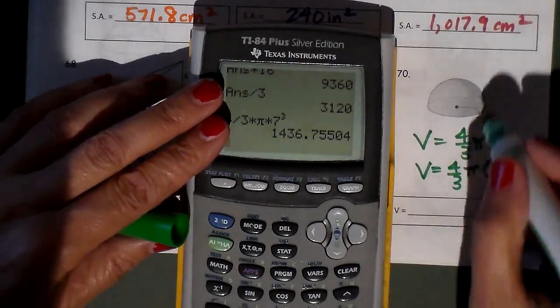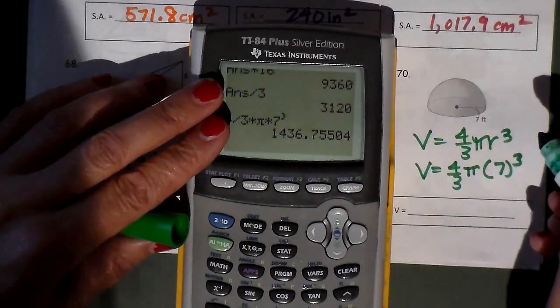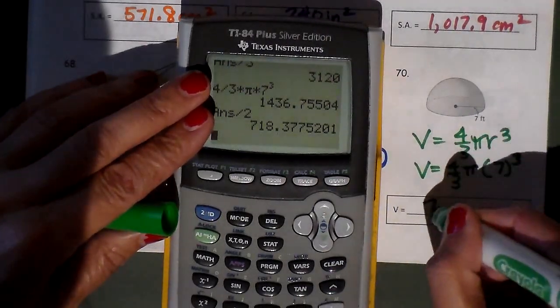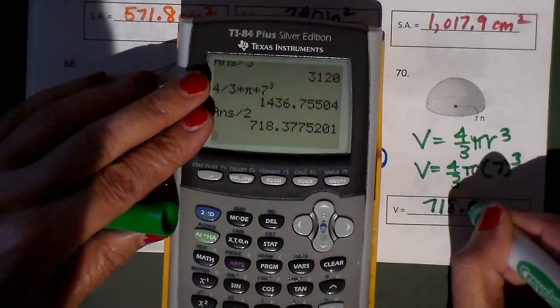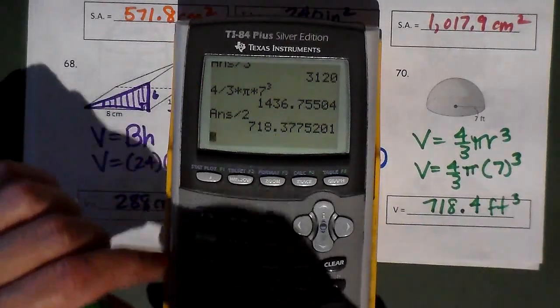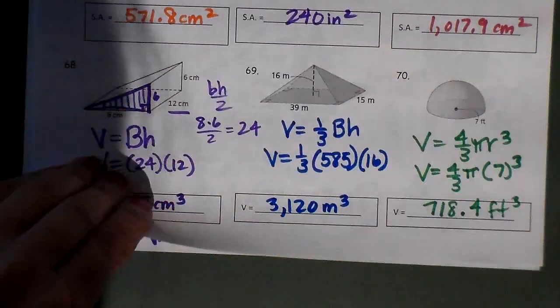Okay, now that would be the whole sphere, but I don't want the whole sphere. I just want half, so I'm going to divide that in half. So that'll be 718.4 cubic feet. Okay, so that's how you find those volumes.